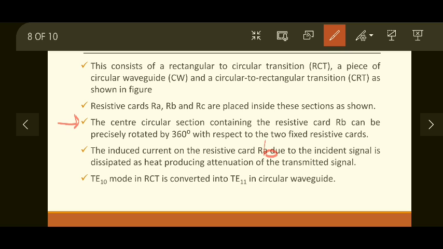The TE10 mode in the RCT is converted into TE11 in the circular waveguide. So the purpose of the first and last, that is RA and RC, is to convert TE10 into the TE11 mode, because for the TE11 mode we can provide easy attenuation as we desire.